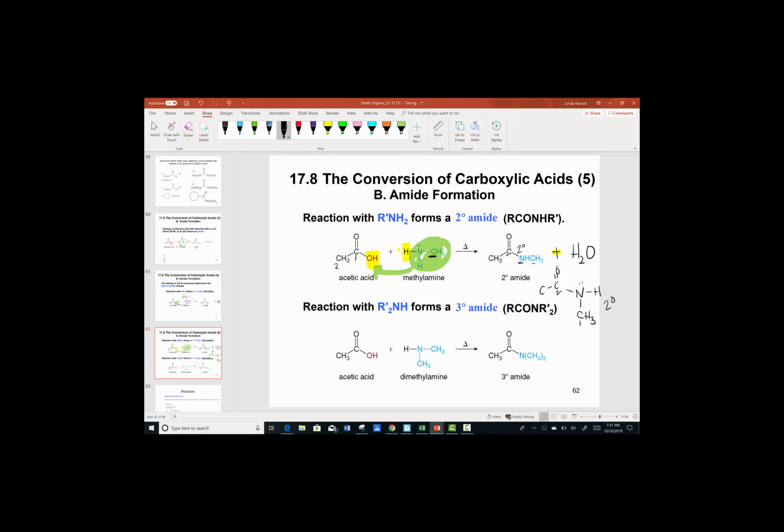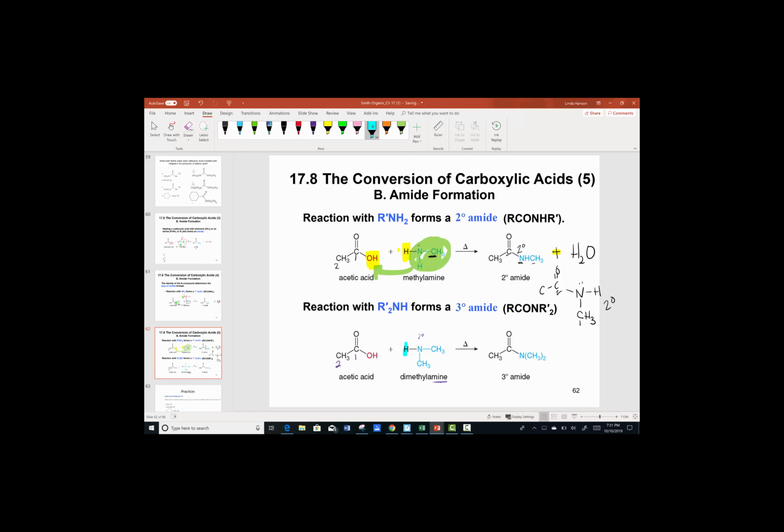In the next example, we can create what's called a tertiary amide by using a substrate such as dimethylamine. Again, using a simple acid such as acetic acid. This time we're using a secondary amine, because it's not attached to the C double bond O. The language is "ine."